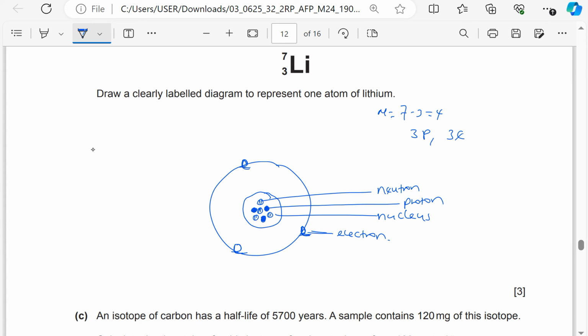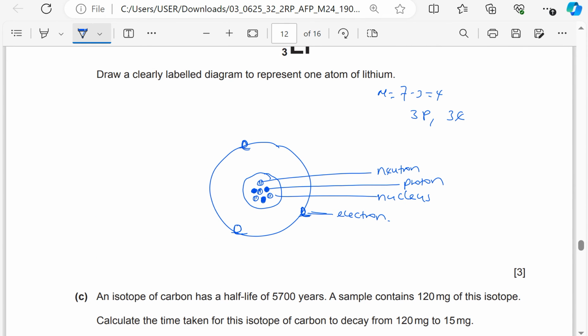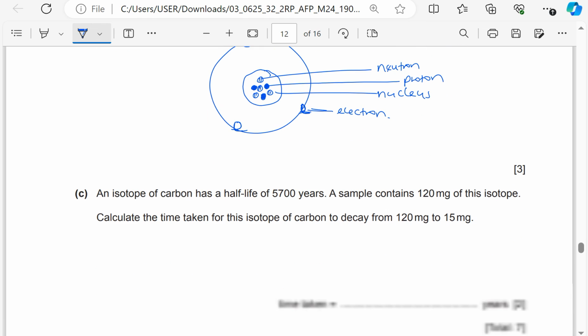Okay, so that is a simple notation of the lithium atom. Normally the number of protons is the same as the number of electrons. That's why, because there are 3 protons, I have to add 3 electrons on the outer shell.